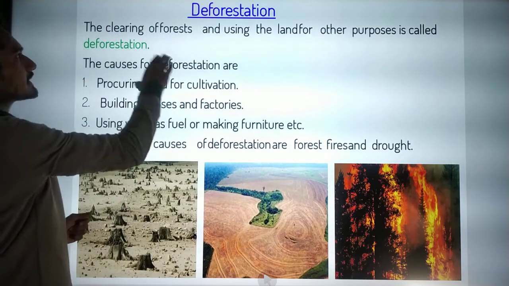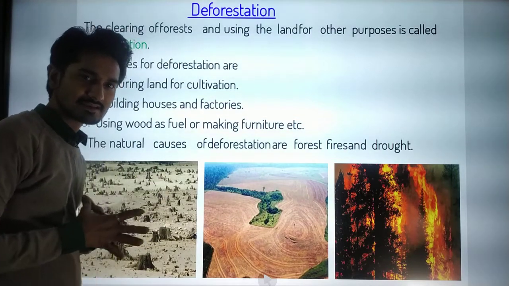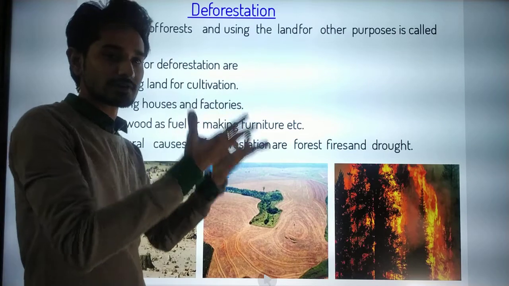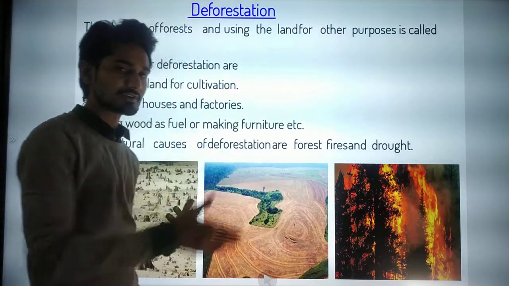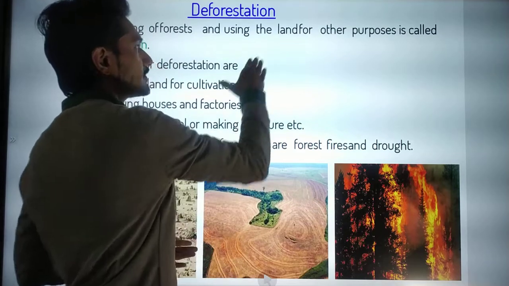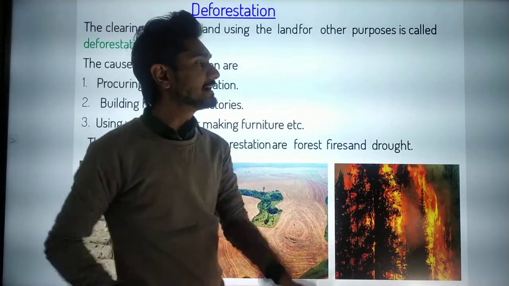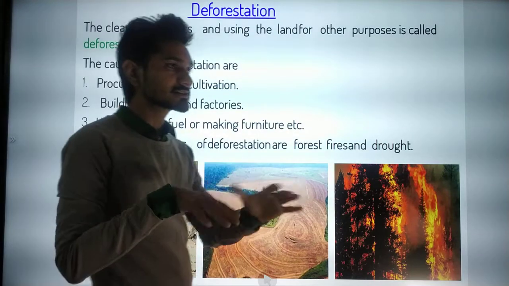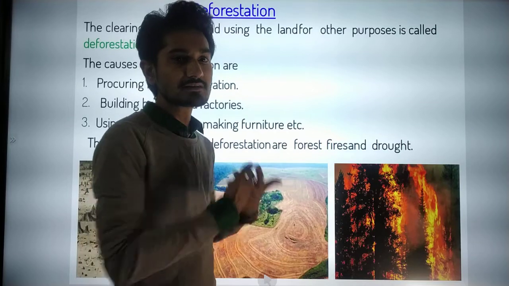Deforestation is the clearing of a forest, or the cutting of trees in large amounts in the forest, for land purposes, meaning the area where we are going to build something.